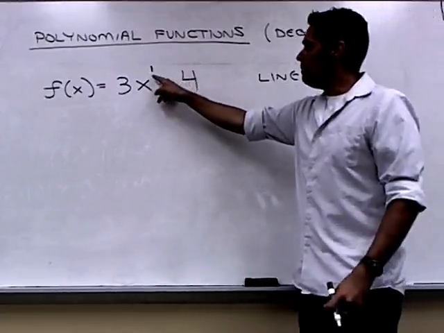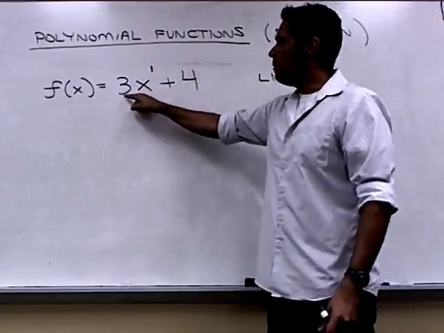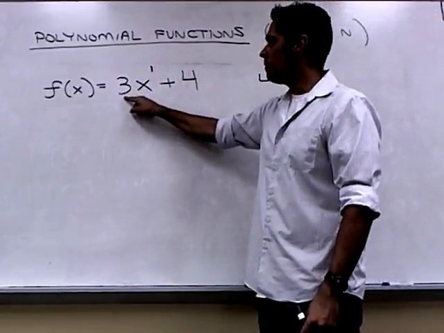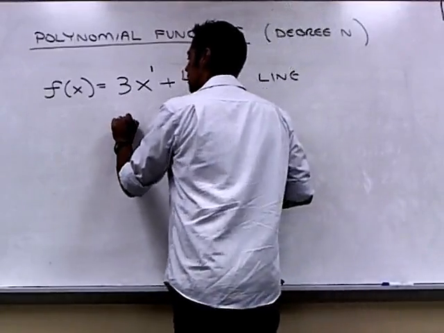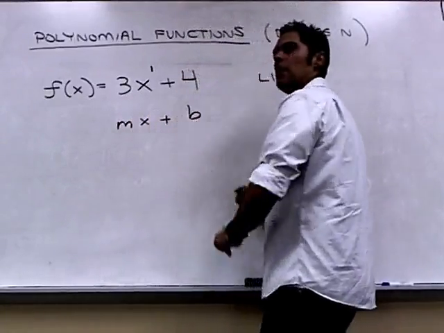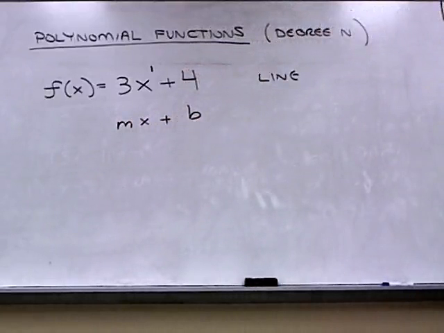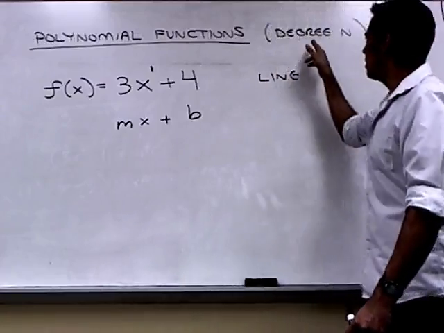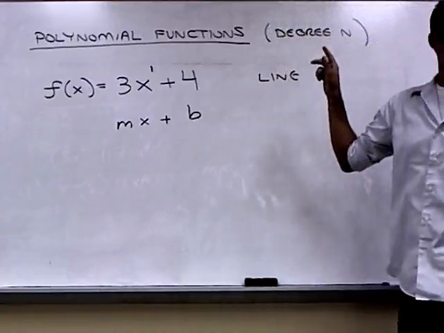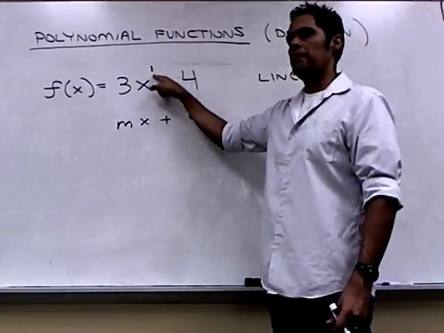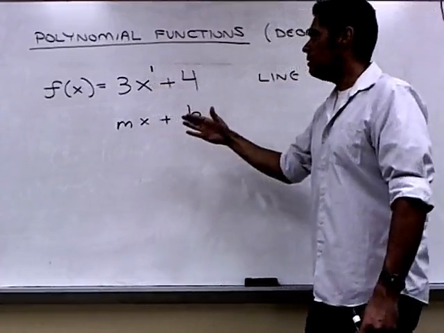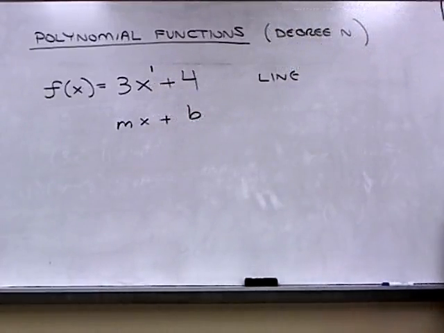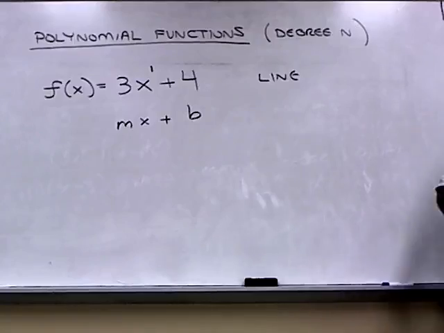It's a 1. I have a number in front, and we like to look at it like this, mx plus b. So is a line a polynomial function? Yes. What's the degree of this polynomial function? It's the highest power of x that we see, so it would be 1. So a line like this is a degree 1 polynomial.